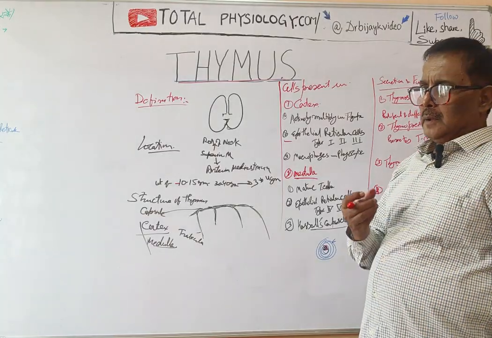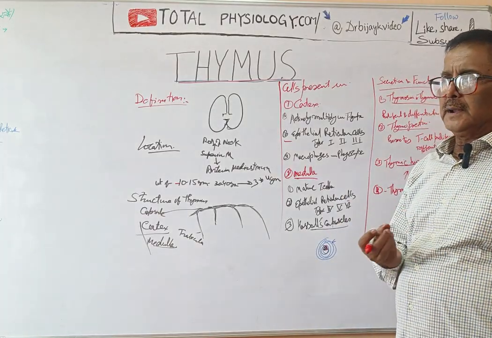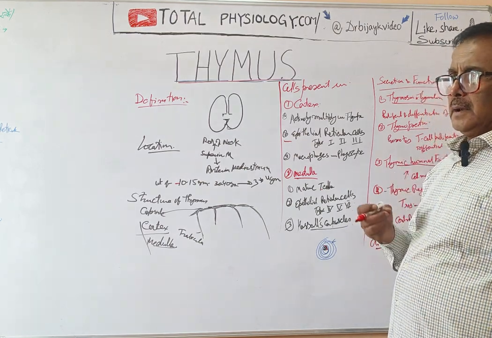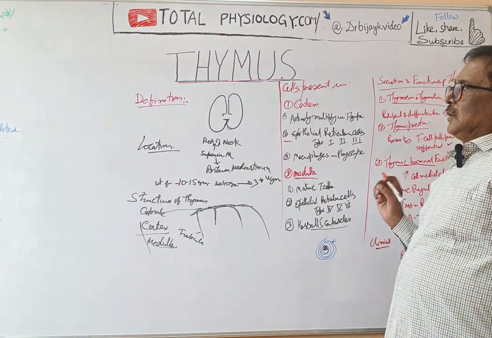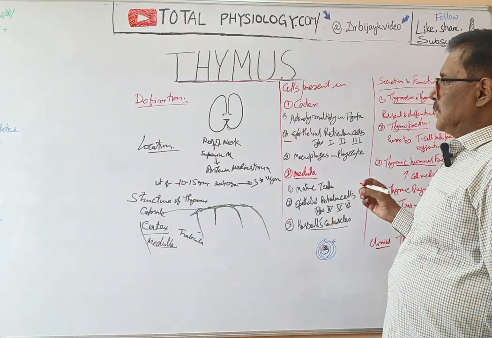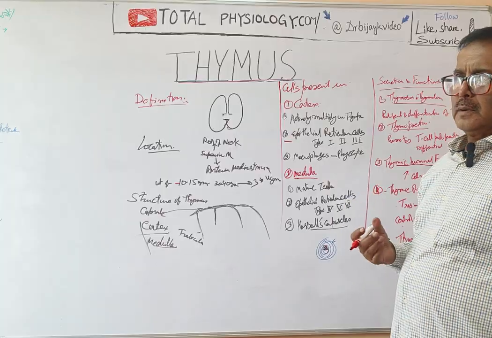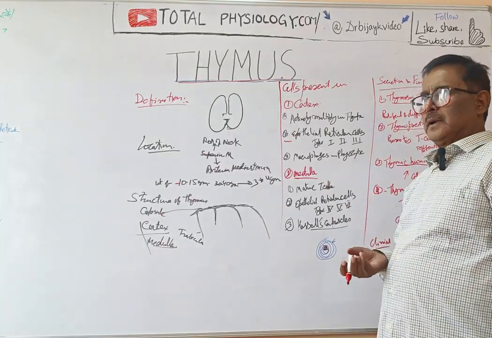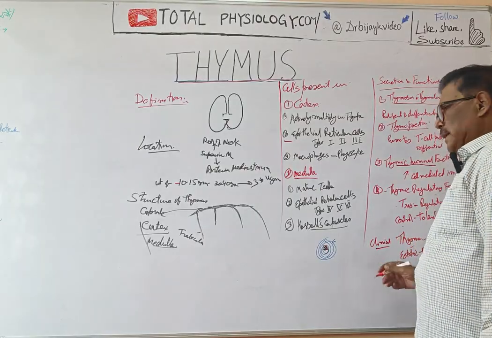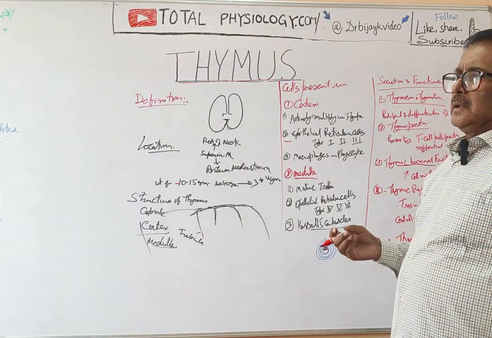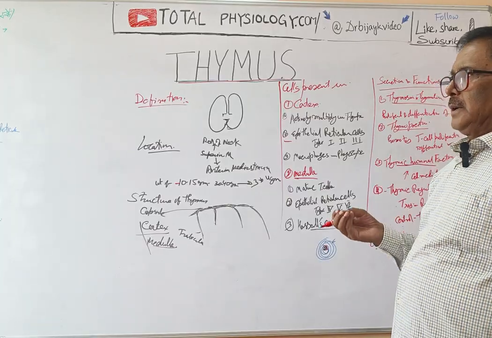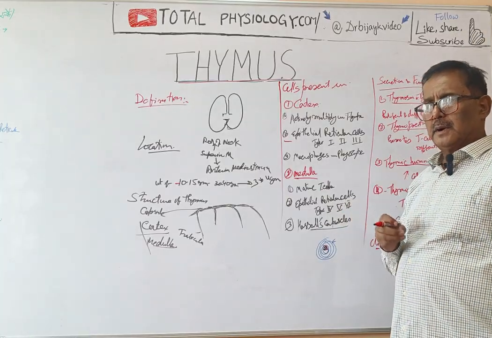What is the effect of removal of thymus at an early stage? If it is removed in infants, it causes reduced T lymphocyte action, leading to infection, all sorts of opportunistic infection. In adults, if it is removed, there is no serious effect, only cell-mediated immunity is reduced.